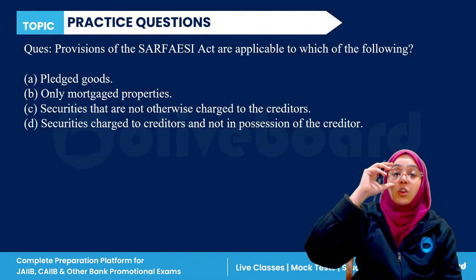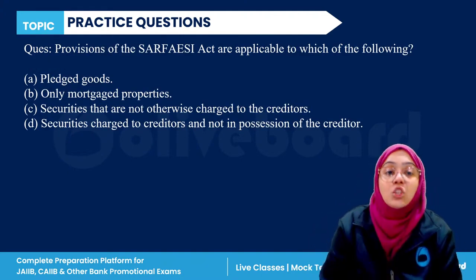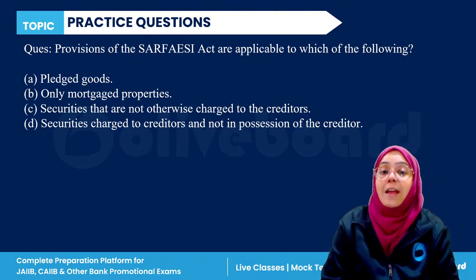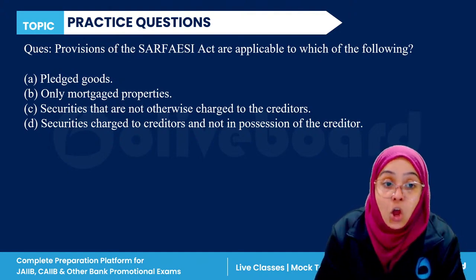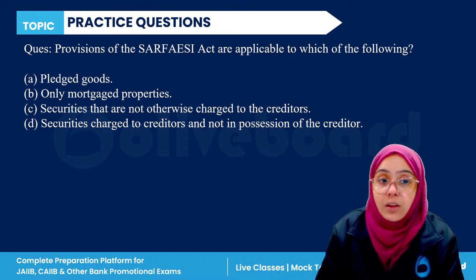Next question. Provisions of the SARFAESI Act are applicable to which of the following? Pledged goods, only mortgage properties, securities that are not otherwise charged to creditors, or securities charged to creditor and not in the possession of the creditor.